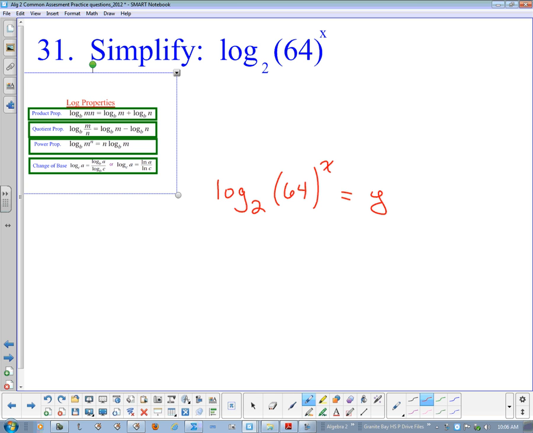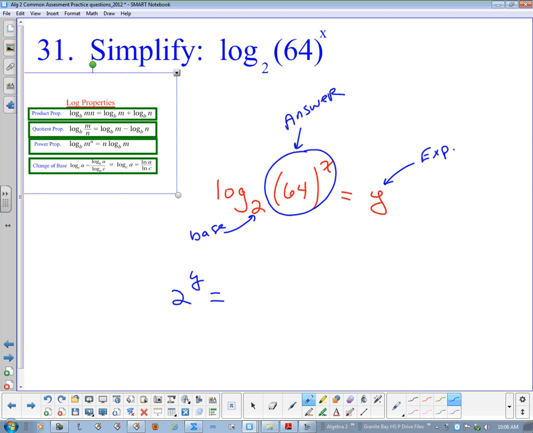Let's try to simplify. This 2 is going to be your base, this y is going to be your exponent, and this 64 to the x is going to be your answer. So a base of 2 raised to the y is equal to 64 raised to the x.